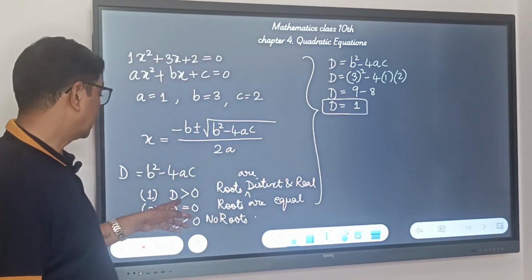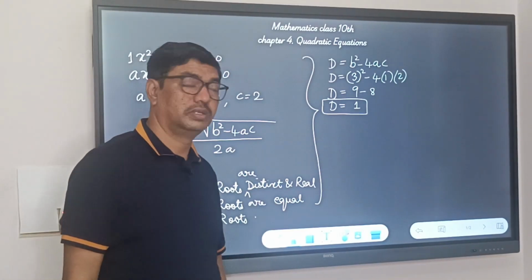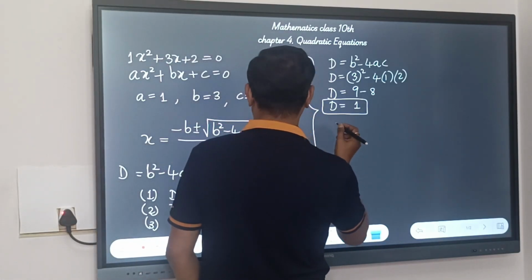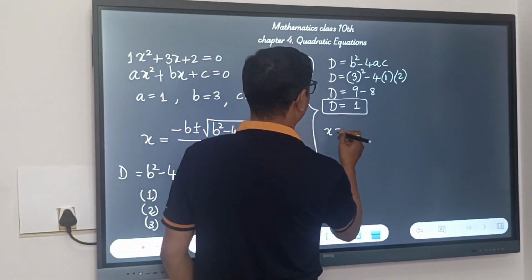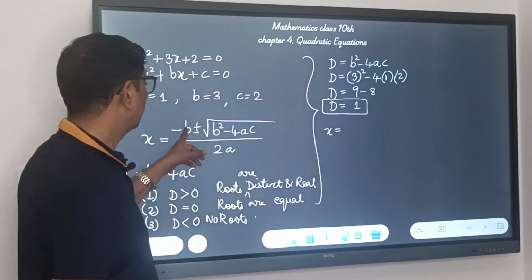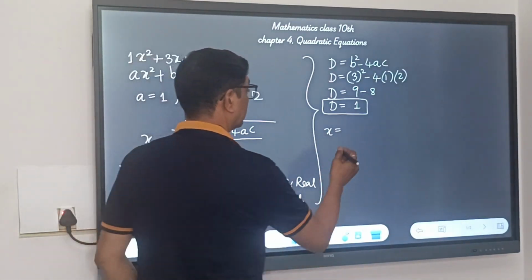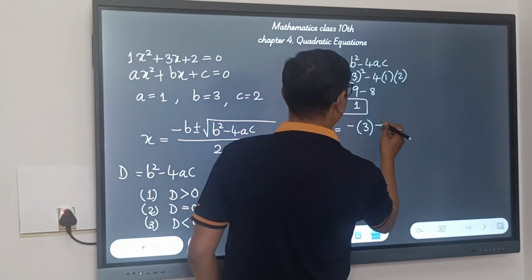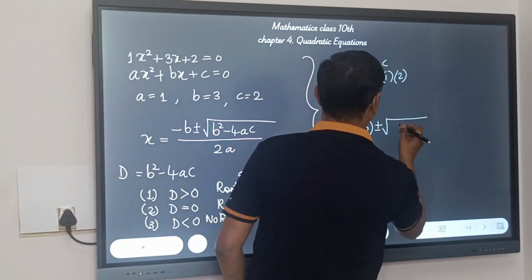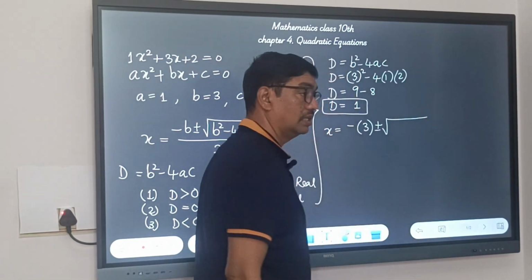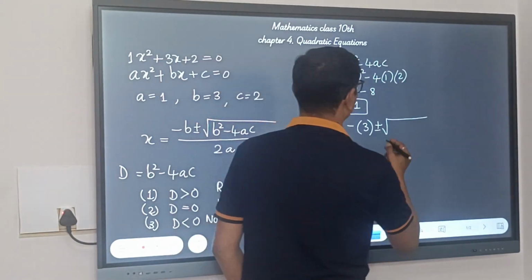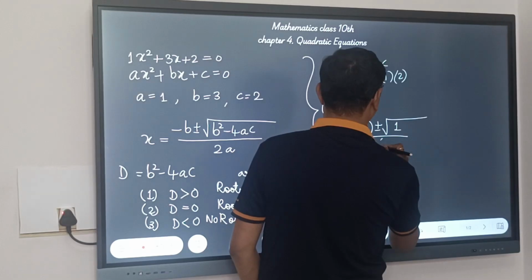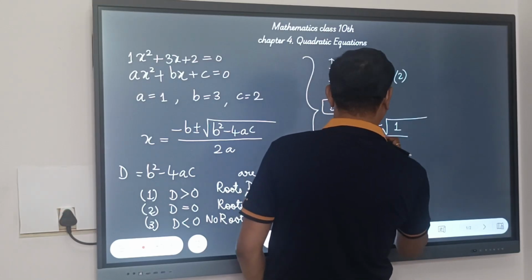So 1 is real. The first condition is greater than 0, so the roots are distinct and real. Now we are applying the formula. So x is equal to, wherever b is there, in place of b substitute minus of 3, plus or minus square root of, already we found d, you can substitute back that 1, divided by 2 into a, which is 1.